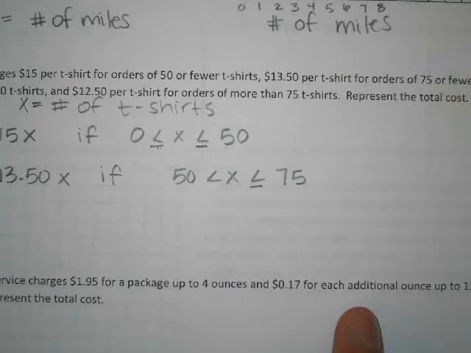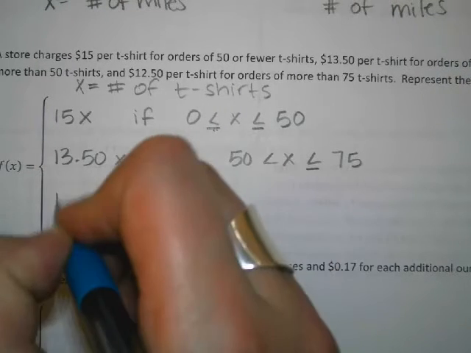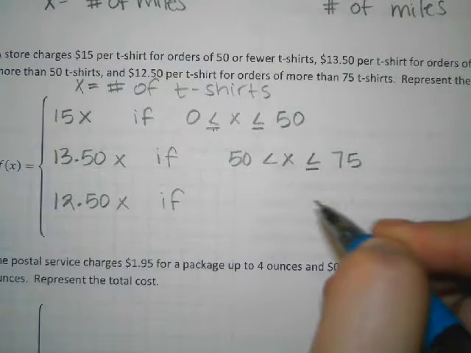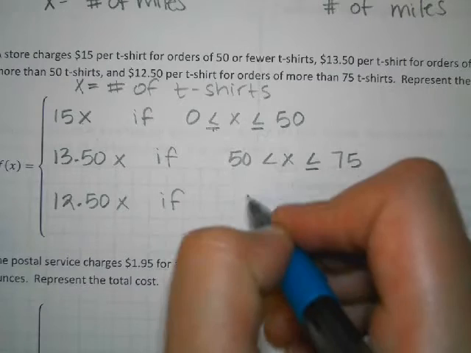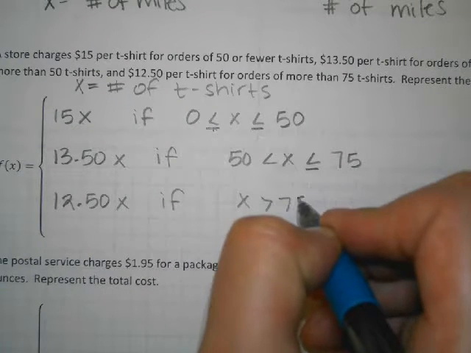Okay, $12.50 per t-shirt for orders that are more than 75. So how do we write that? If... perfect.